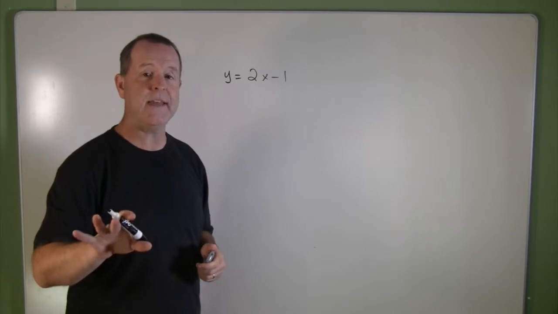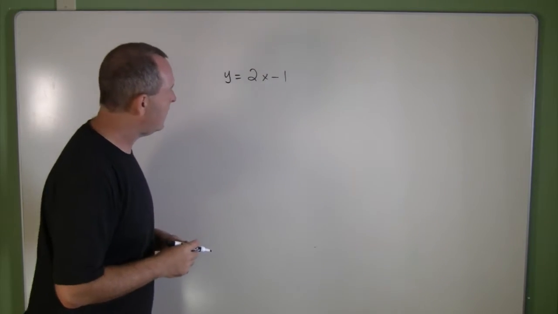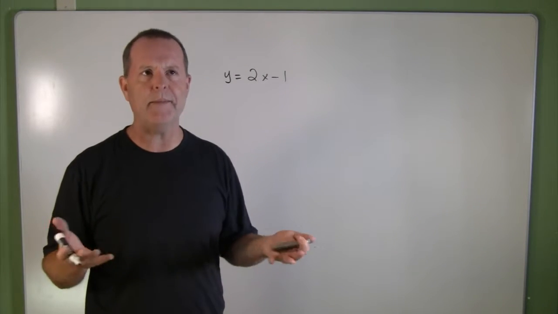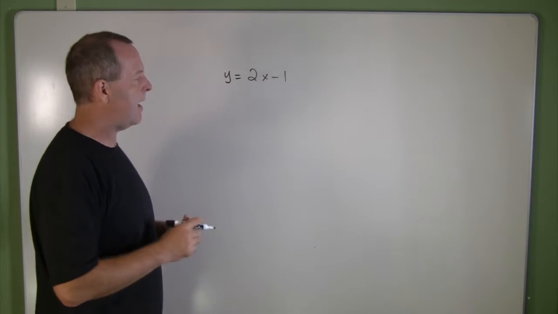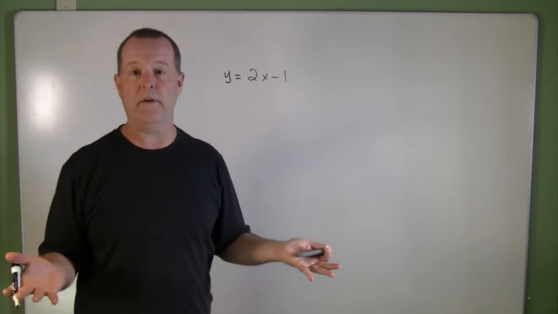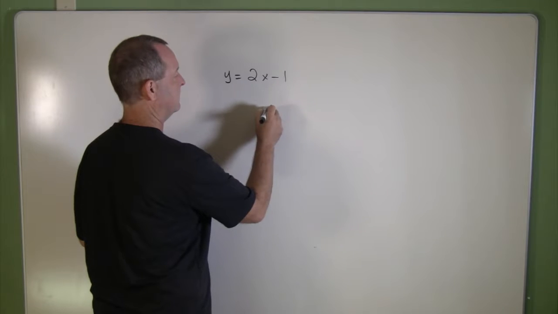So the strategy that I would like for all of us to use is let's choose 5 numbers. Typically we want to choose what we think are easier numbers to try. What I mean by that is let's just choose some values of x. So I'm going to make a little bit of a table.